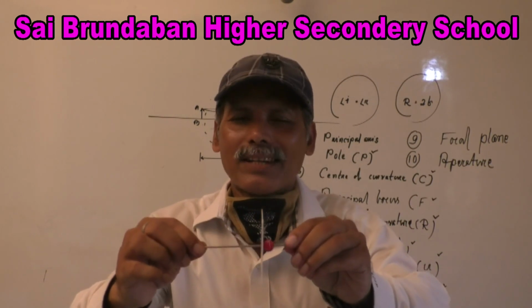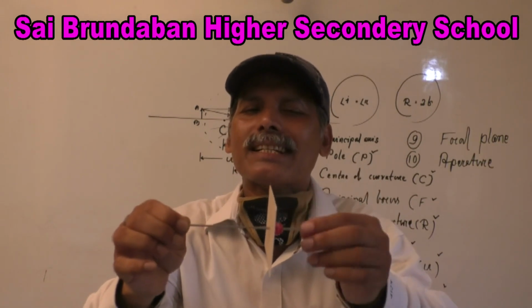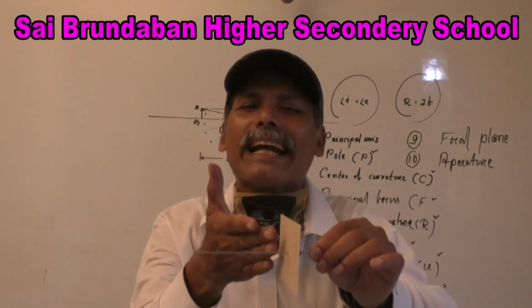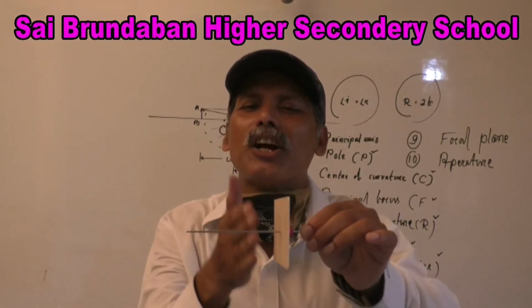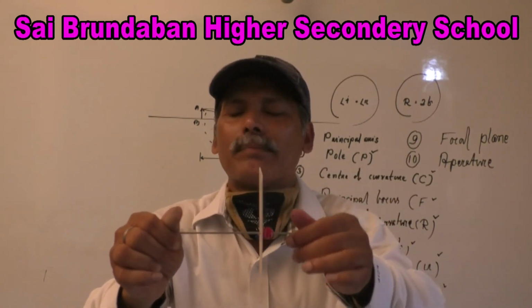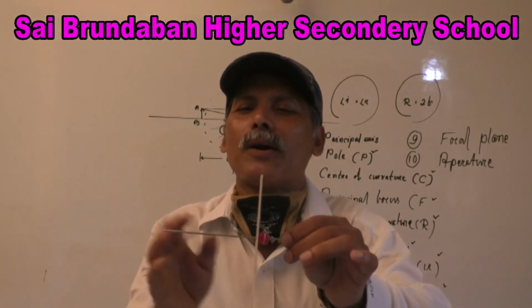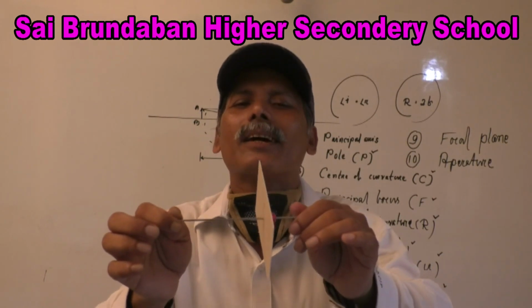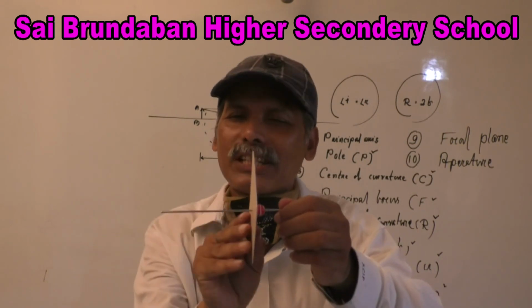That means the plane which is perpendicular to the principal axis, and the focus lies in it. The plane through the focus perpendicular to the principal axis is called the focal plane.